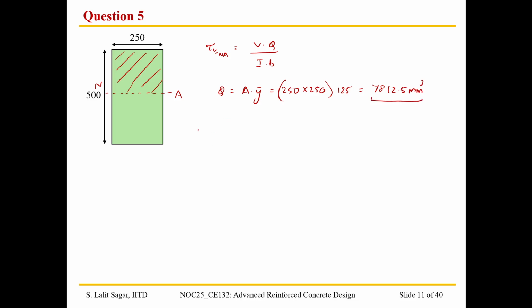Now let us substitute the values and find out the value of the shear stress at the neutral axis. V is 400 into 10 to the power 3.